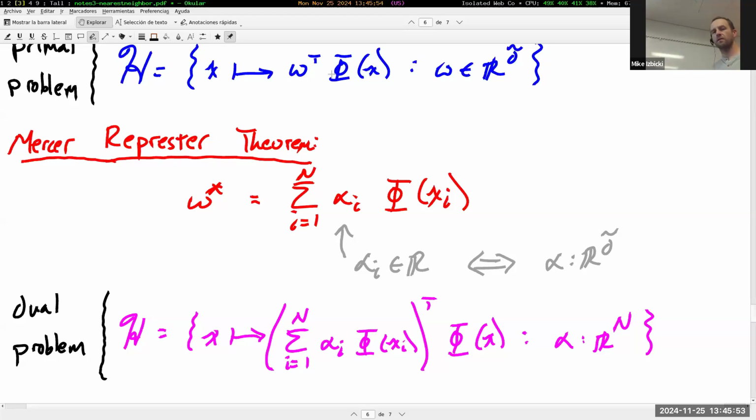Jay asks: for the dual problem, what makes a data point more important than any other? Yeah, that's a good question.